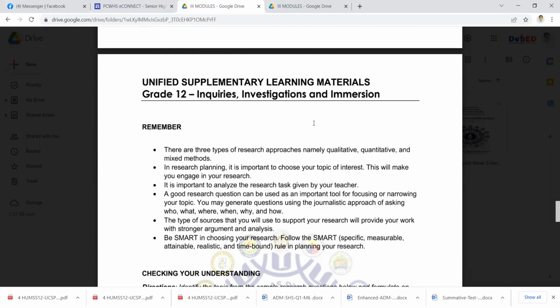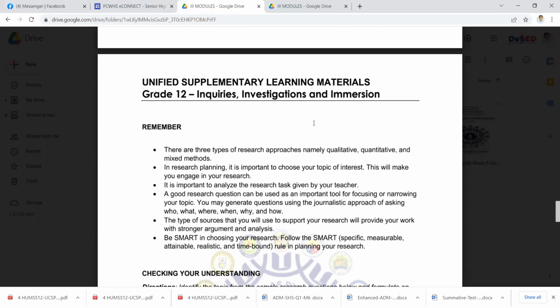Okay. Now, it is important to analyze the research task given by your teacher. So, this is a group activity. Hopefully, it is not only one person who will get the high score, since this is group work. Okay.